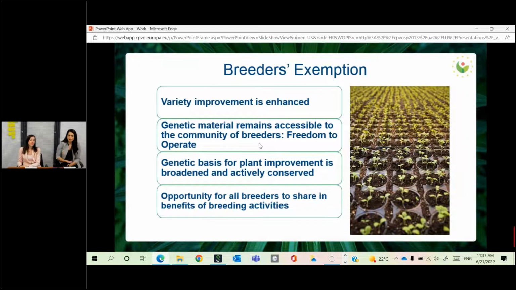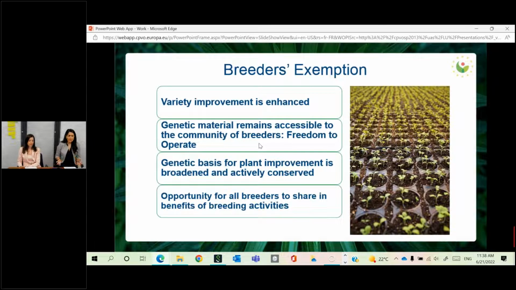And the second limitation that I think is very peculiar and very special of the community plant variety system is the breeder's exemption. You know very well that in patents, there is the possibility to build upon an invention that is already protected. However, this possibility comes with strings attached. In the case of the breeder's exemption, there is the possibility for any breeder to use a protected variety for breeding a new one, a new improvement, without asking any authorization, without paying any royalty.